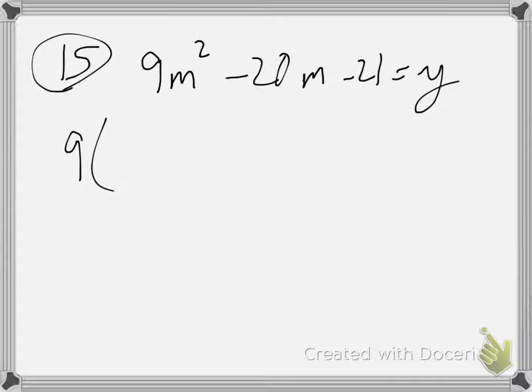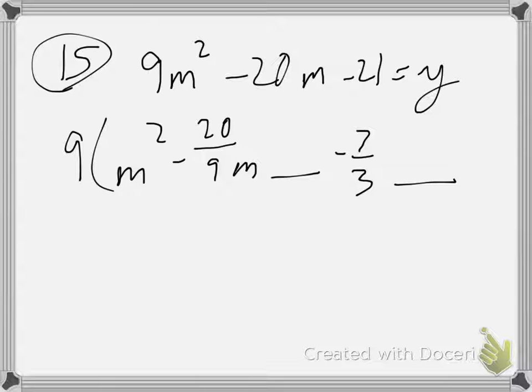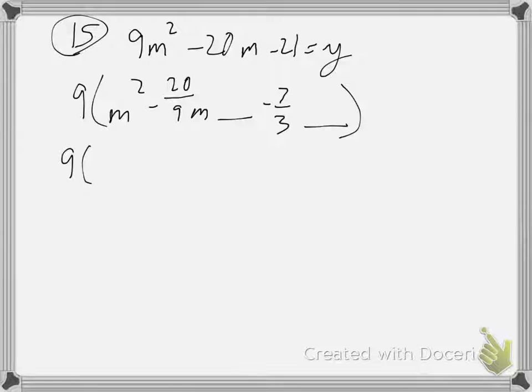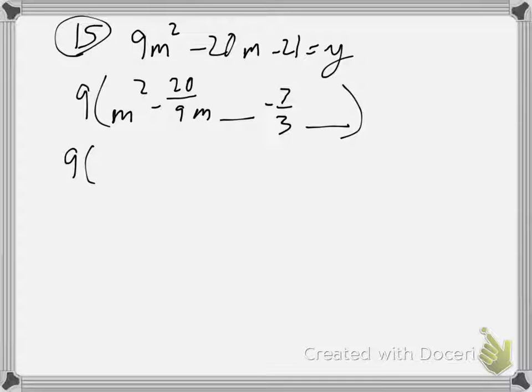So factor out a 9. M squared minus 20 over 9 m minus 7 over 3. I didn't say it right, but I'm talking about it. So I do that. Let me shrink that a bit so I've got some space to work with.